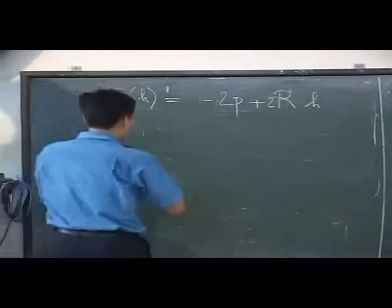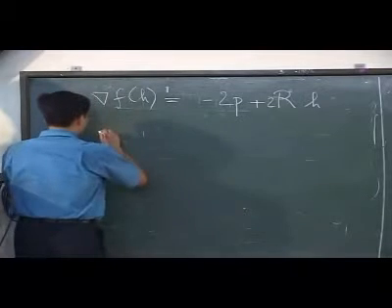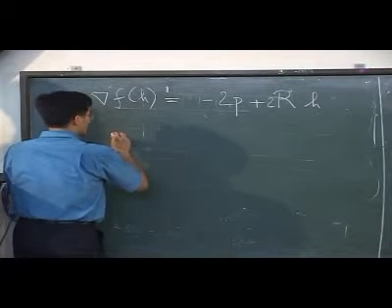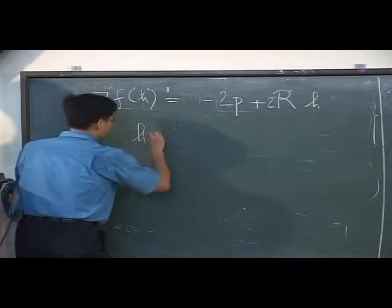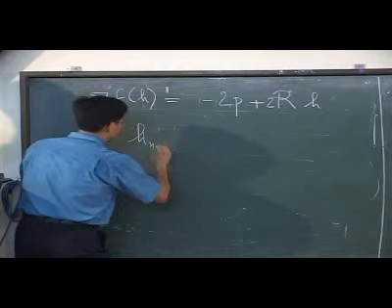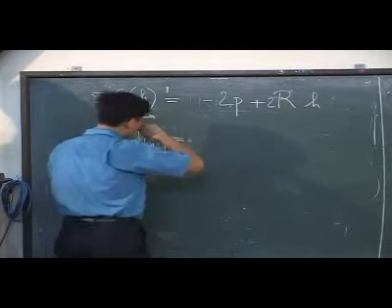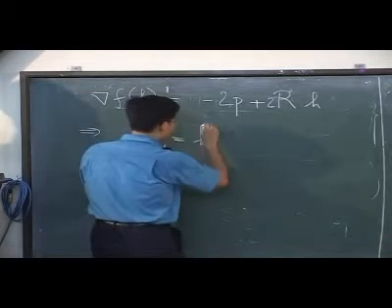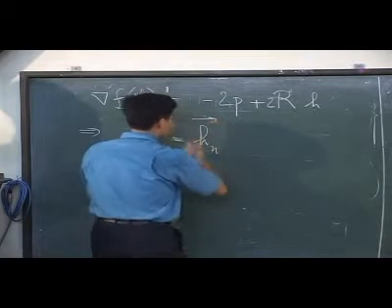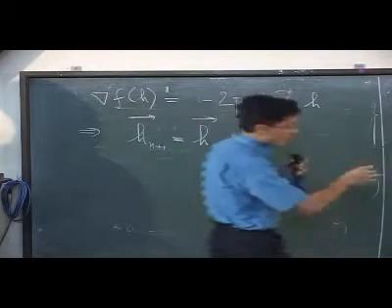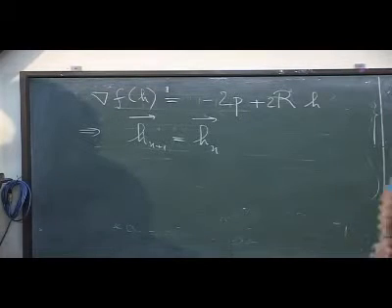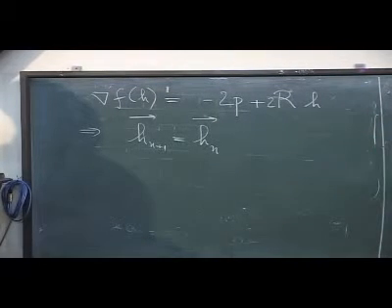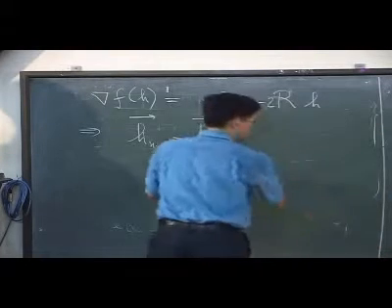So now I'm going to make the change: h of n plus 1, this vector, equals the previous h of n, plus mu times delta h of n.